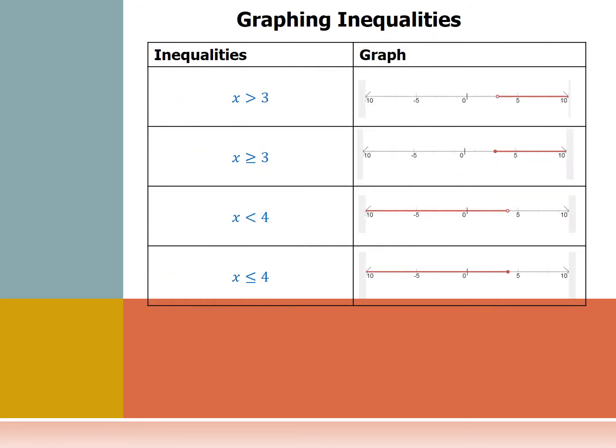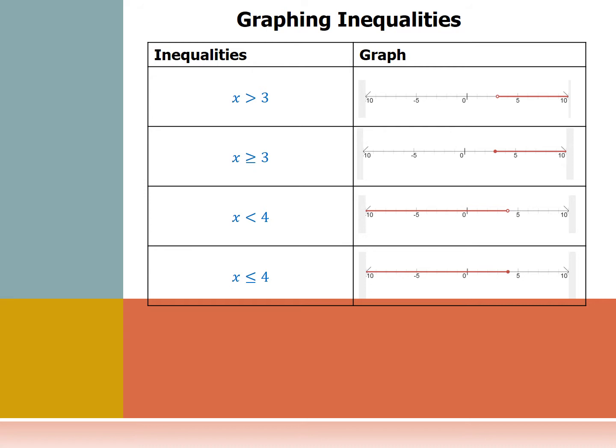Graphing the inequalities. Here we have the first inequality, which is x is greater than 3. We can graph it on a number line using the colored line like this. When you have x greater than 3, starting with number 3, here is 0 1 2 3, starting from number 3 to the right, because we know that the values on the number line increase when we go to the right.